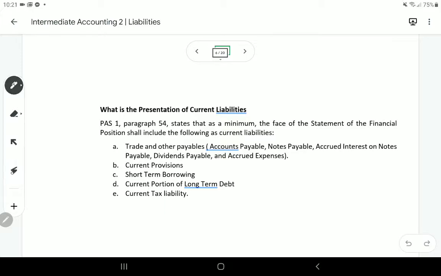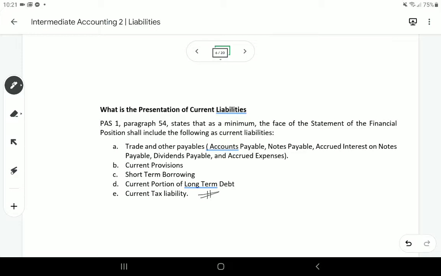So, let us focus first on the current portion of the long-term debt. If you may remember, based on our past discussion, long-term debt in general is a non-current liability, as previously explained.